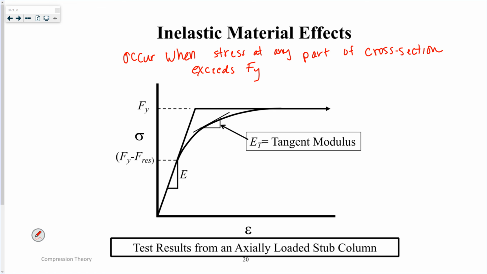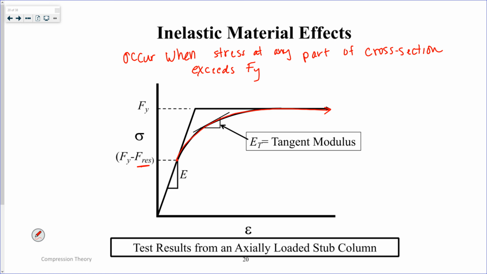So let's say due to residual stresses, we start yielding at a lower point than our yield stress, because of that residual stress, meaning we're not starting at zero. This is just like that thing we drew earlier.